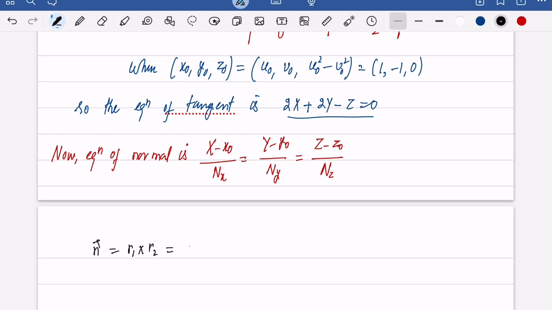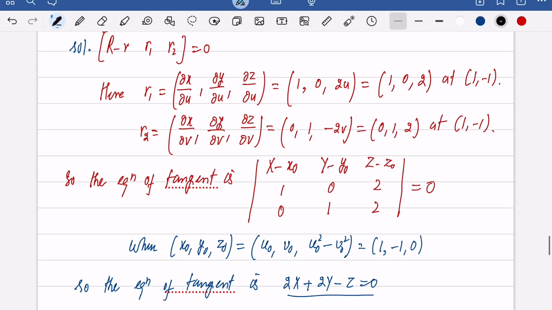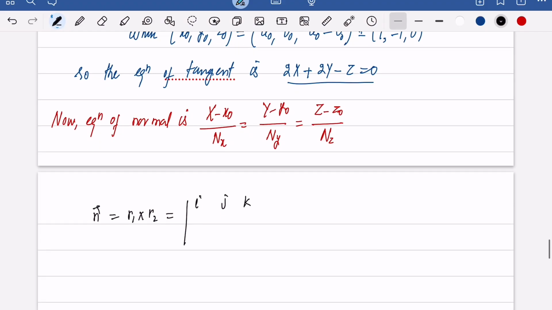Now this is equal to the determinant i, j, k. Now r1 has its value 1, 0, 2 and r2 is 0, 1, 2. Evaluating this, we get 2i plus 2j minus k.